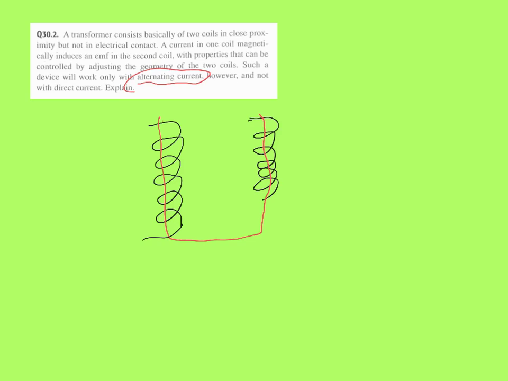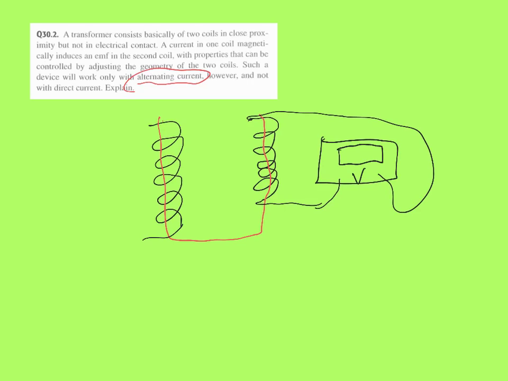Because basically, in order to get some kind of an EMF out of this coil that's going to be measurable, if this is our voltage meter, to get a non-zero number on it, that means I have to have a change in the flux with respect to time that cannot be zero.